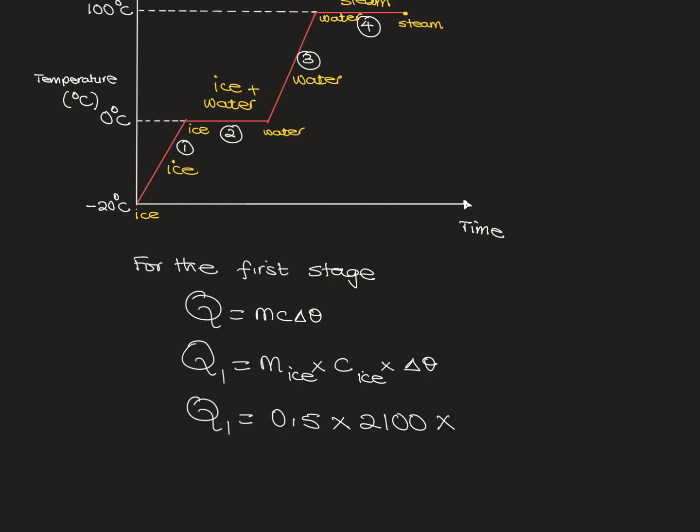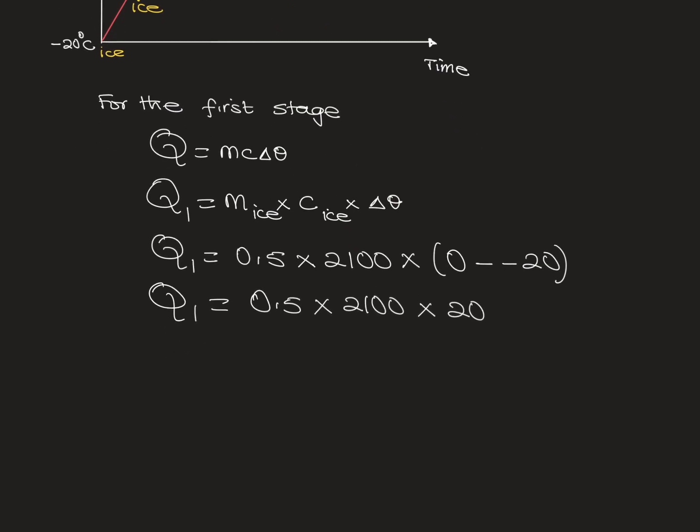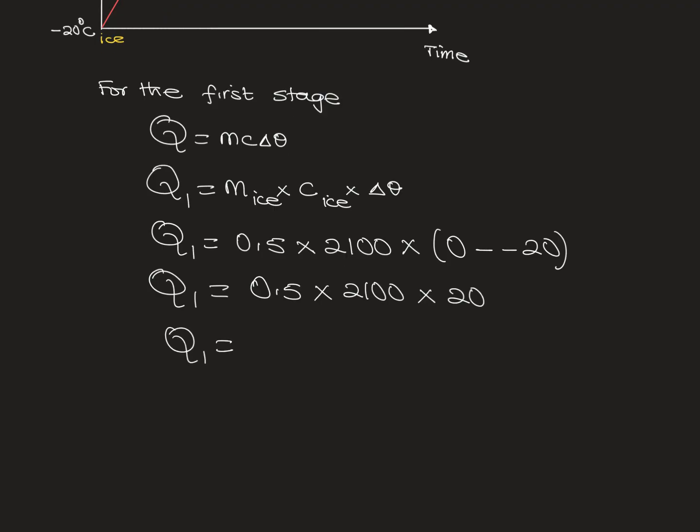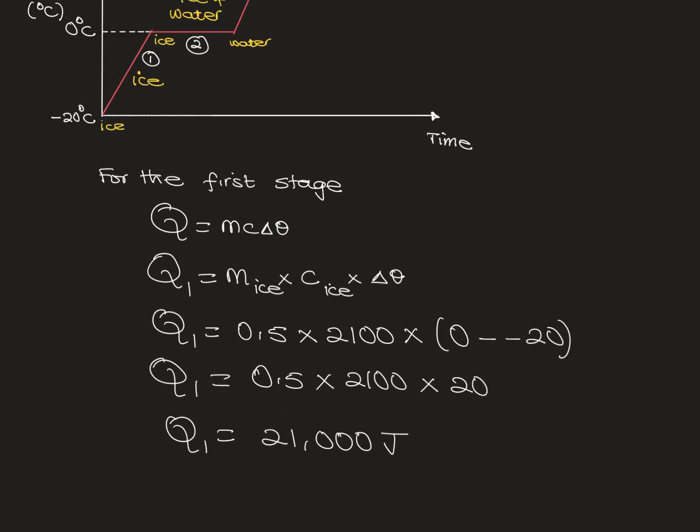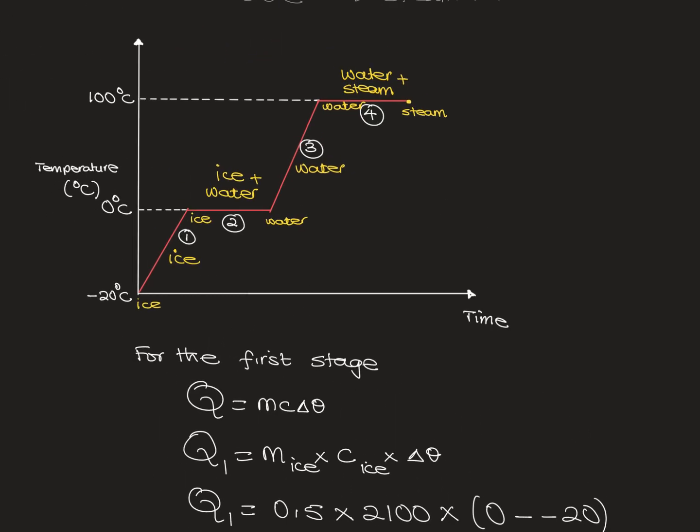So we can say Q1 is equal to 0.5 times 2100 times 20. Q1 is equal to 21,000 joules.